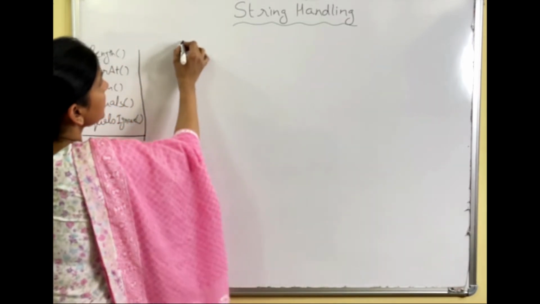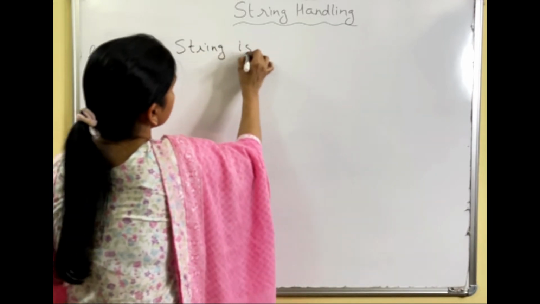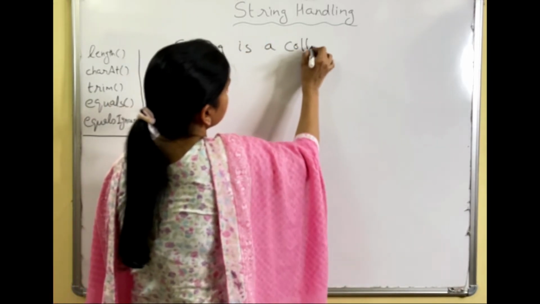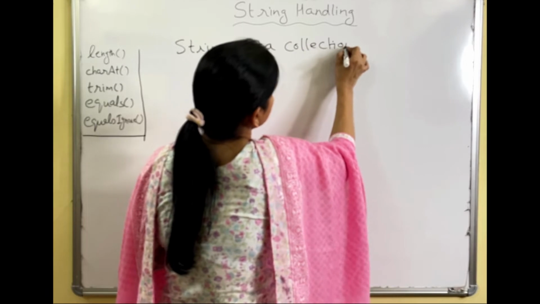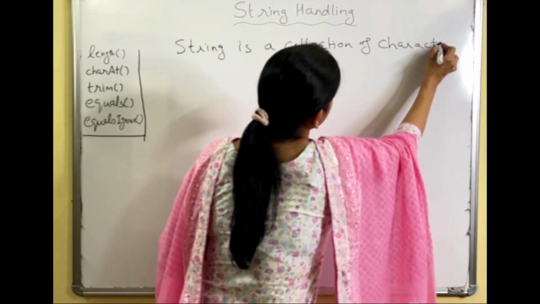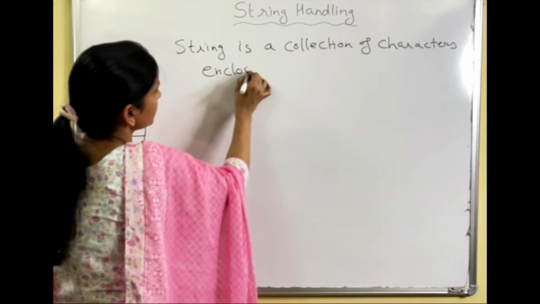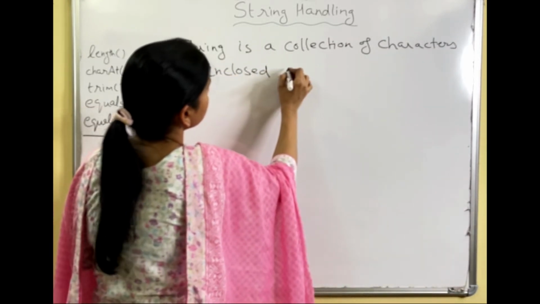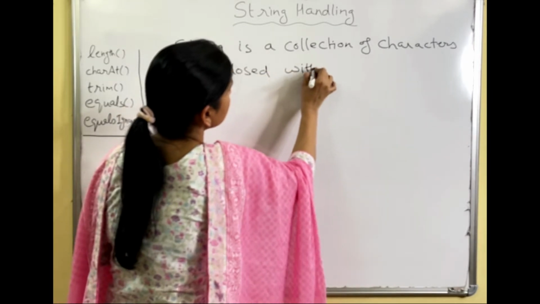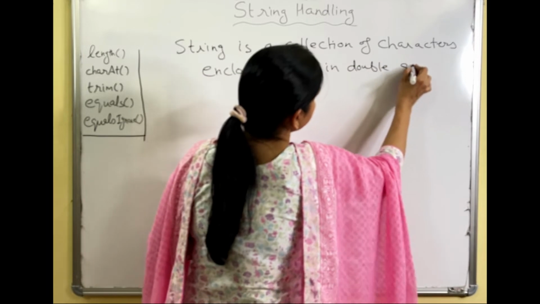So what is a string? String is a collection of characters enclosed within double quotes. So this is the definition of string. You can say it is a collection of characters enclosed within double quotes, right?